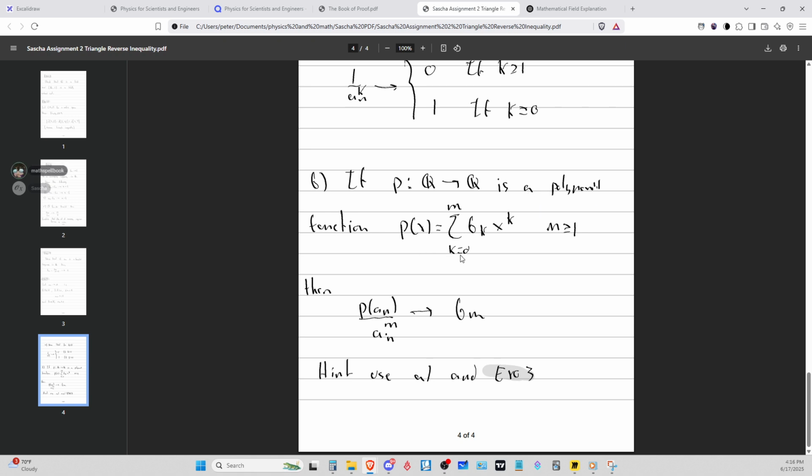P(x) is a summation from k equals 0 to m of b_n. So I'm thinking it's a Cauchy sequence question. Yeah. So for sheet 2, I would like you to focus on exercise 3 and forward.